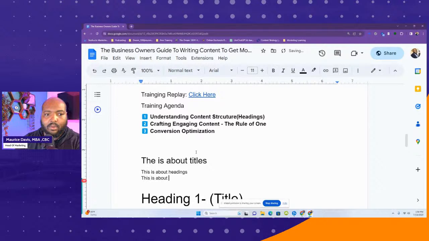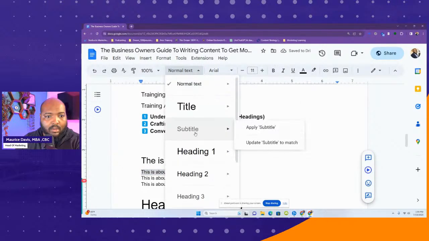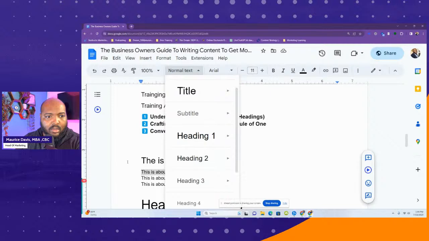This is about subheadings. This is about bullets. Okay. So this is how this looks in the real world. This is about titles.